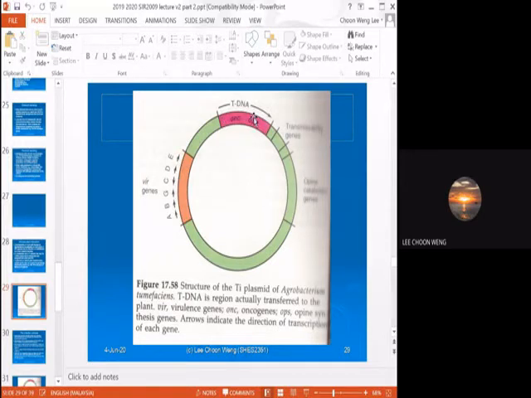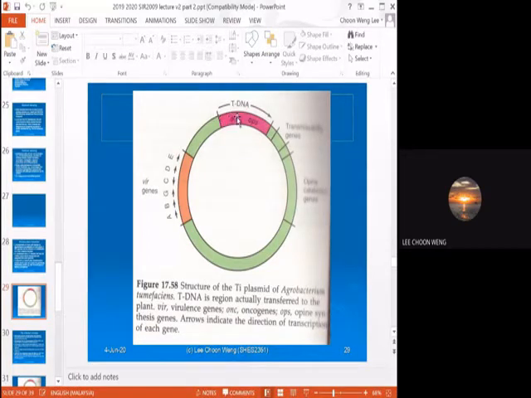Okay, so the oncogene. When you talk about oncogenes, you of course relate it to cancer, and cancer is basically the unregulated replication of cells. So it's the same situation here, where this gene will promote plant cell replication.